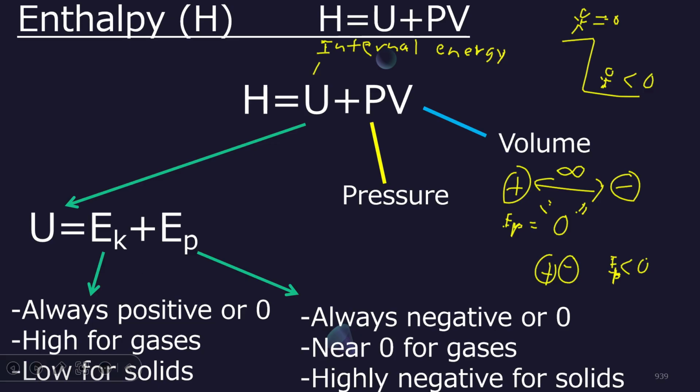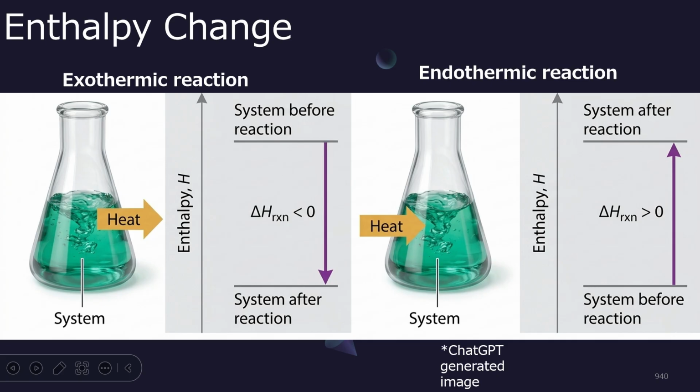So let's move on. Enthalpy change, exothermic reaction, and endothermic reaction. In an exothermic reaction, our system has a bunch of chemical potential energy. It's not very stable. It's going to reorganize itself to become something more stable, but in the process of doing that, it releases heat, releases energy.